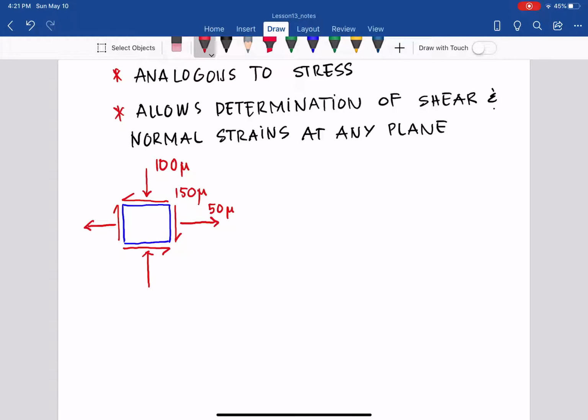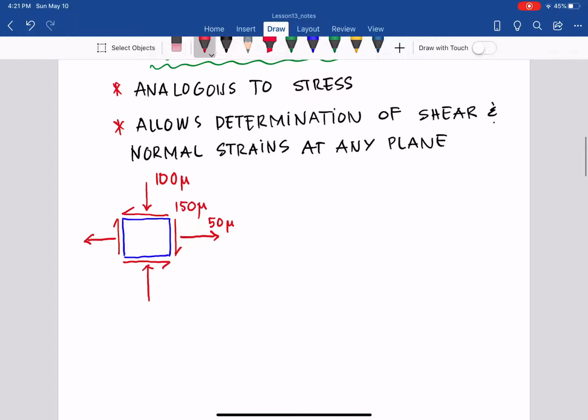So if you apply and recall, here in this case epsilon x is equal to 50 micro inch over inch, and epsilon y is negative 100 micro.